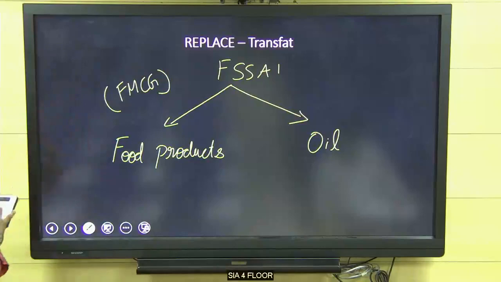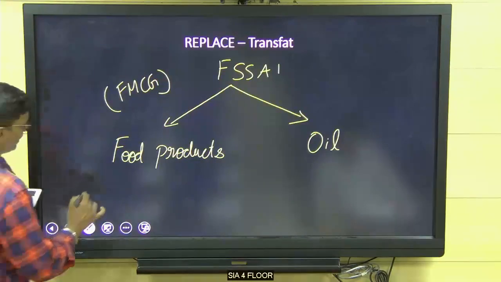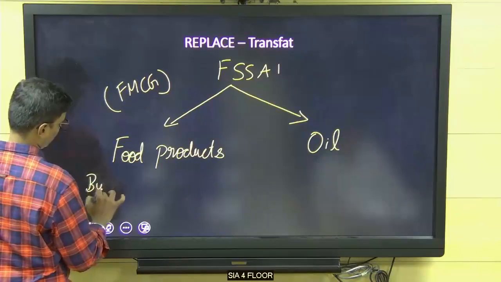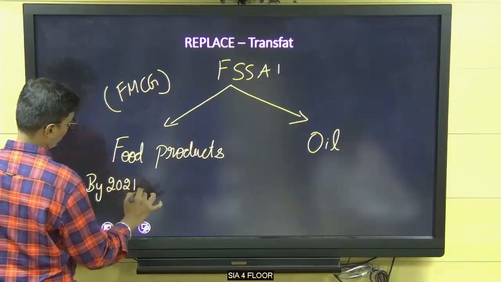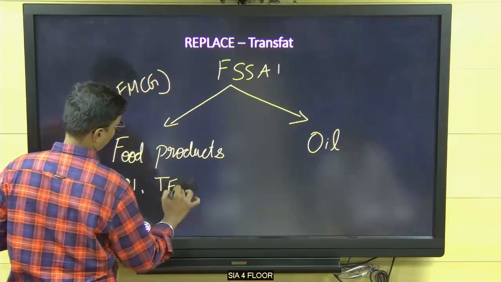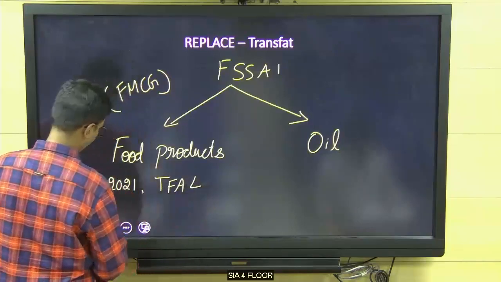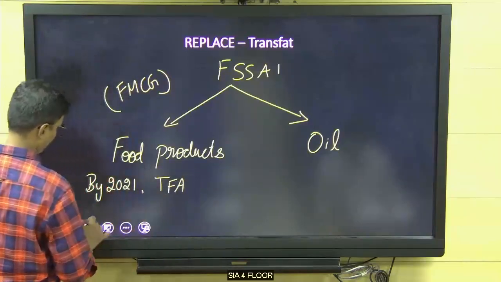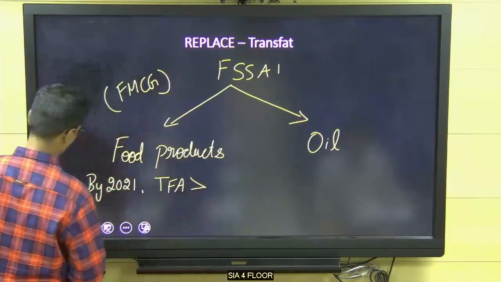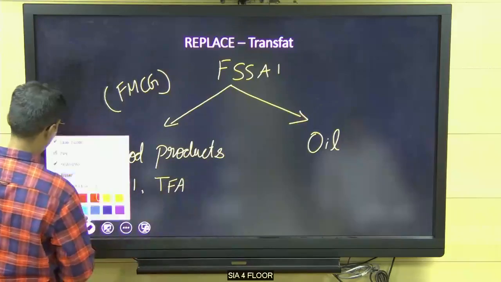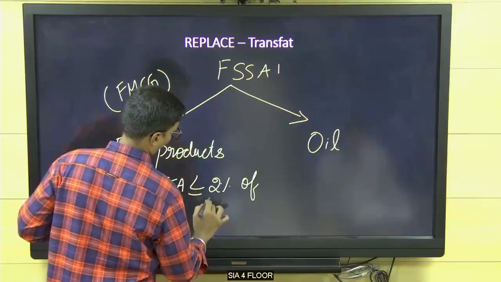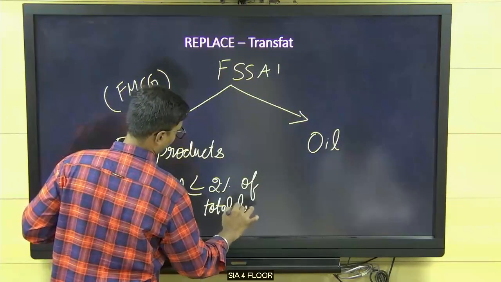First thing, with respect to food products, by 2021, that is by Jan 1st, 2021, observe carefully, the trans fatty acid shall not be greater than 2% of total fats by mass.